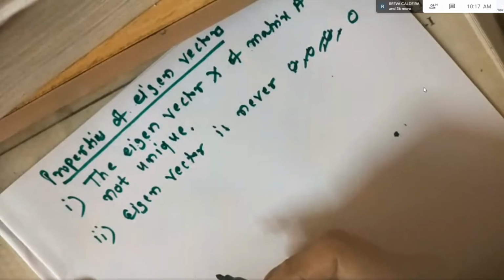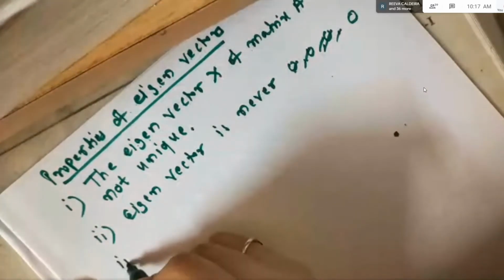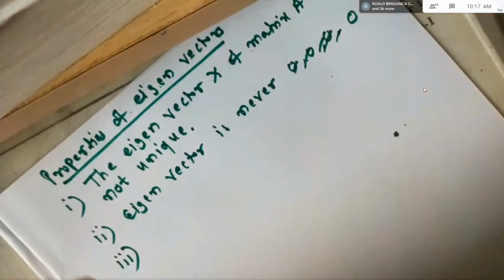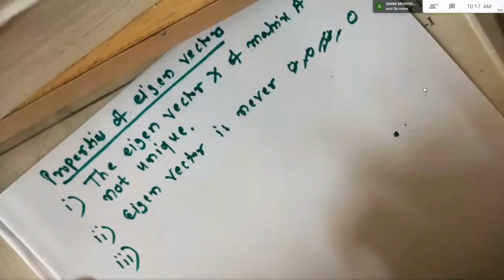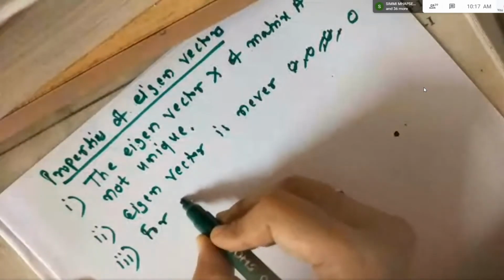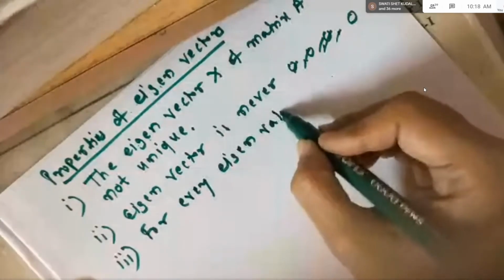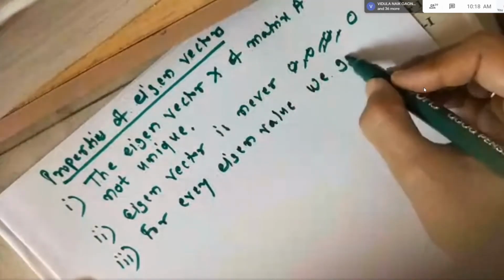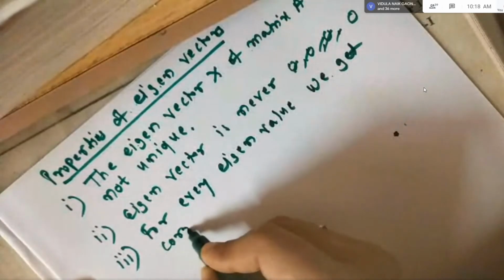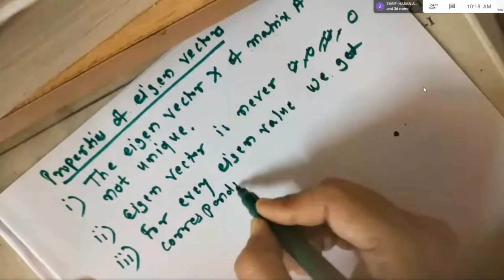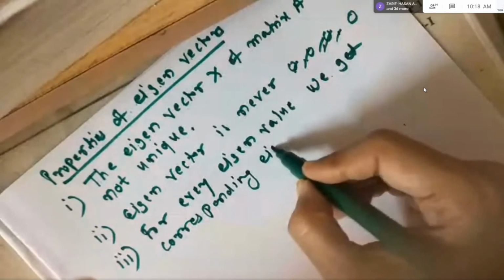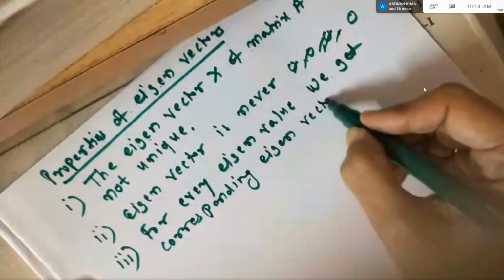This is the second property, right? Okay. Now the third property is, for every eigenvalue, we get corresponding eigenvector.